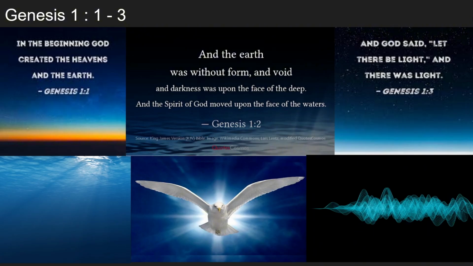And this is what God's all about. God is the force which brings together opposites and allows them to experience one another.